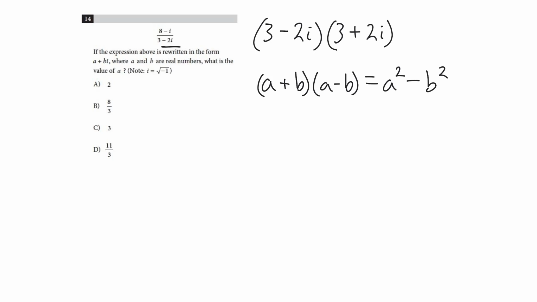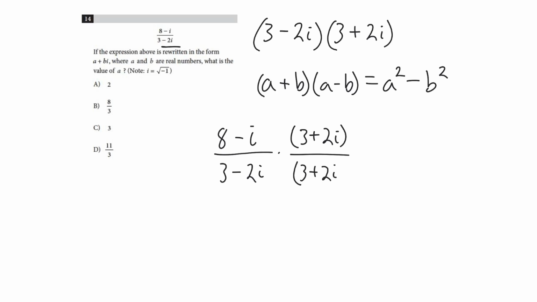So I'm going to multiply the top and the bottom by the conjugate of the denominator, which is, well, it's just going to be 3 plus 2i and 3 plus 2i. Okay, so in the numerator, I'm going to have 3 times 8, and then 8 times 2i.